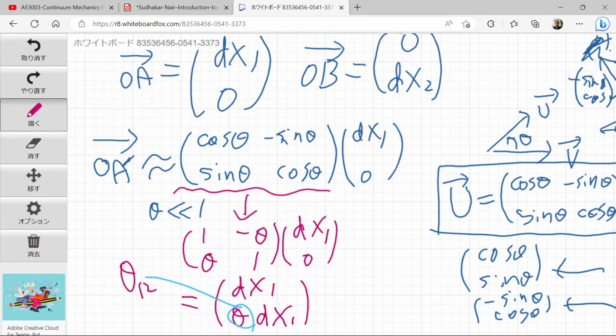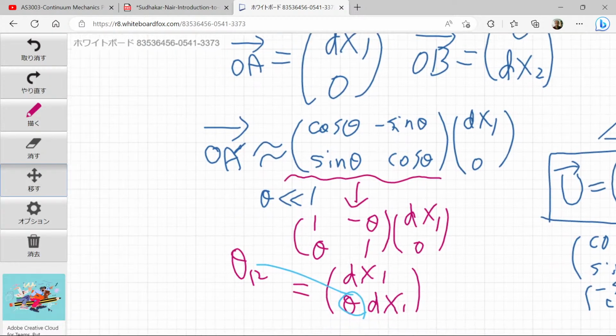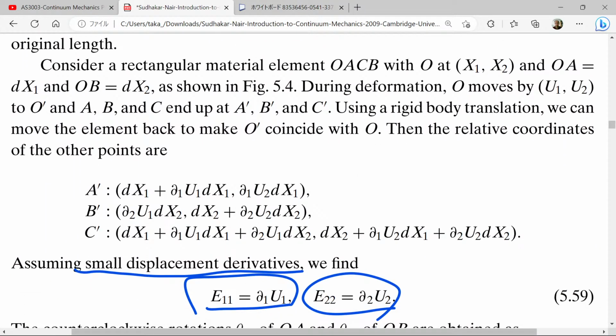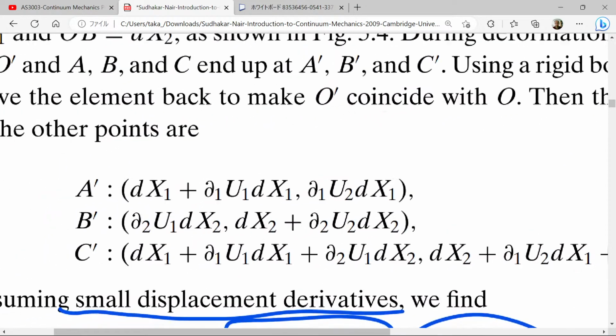Right? So then let's go this way. A is this.